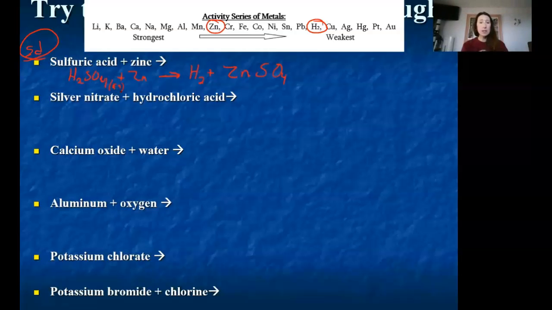Remember, aq just means dissolved in water. Zinc metals are always solids. Hydrogen is part of the Brinkelhoff, so it's a gas. And because this is in the acid, which means it's in water, this will also be aq. We're going to talk more about how you know that today. Okay, let's do the next one, silver nitrate.